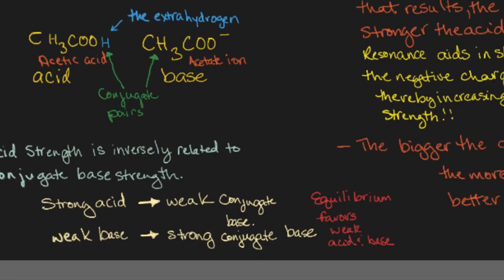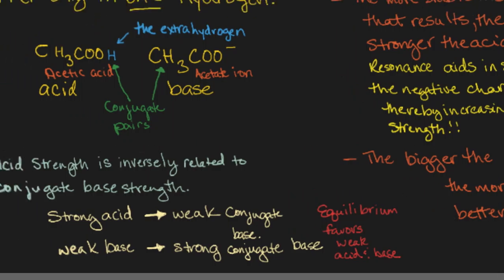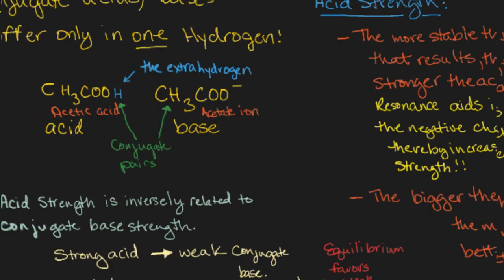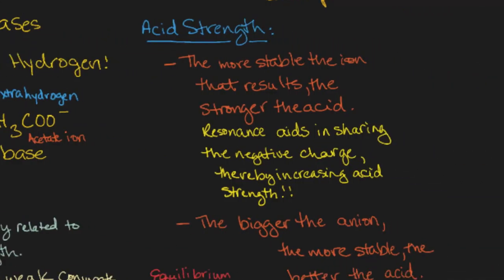Alrighty. And the equilibrium of the reaction favors the weaker acid-base pair. And we're going to go through different examples of all these concepts. So just for now, try to get a rough idea of what's going on, so when you do watch example videos, you don't panic. So what makes an acid strong?